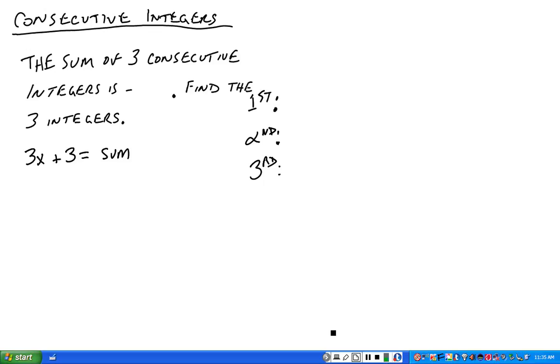Now instead of three consecutive integers, I'm going to input three consecutive odd integers equals negative 57 now.